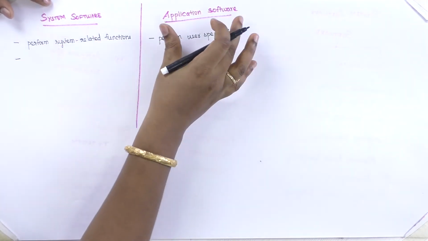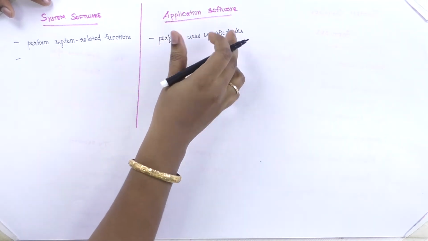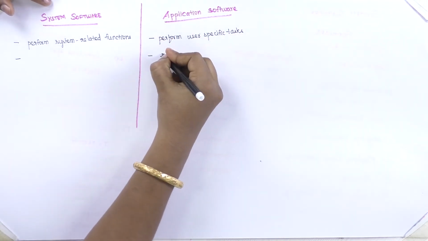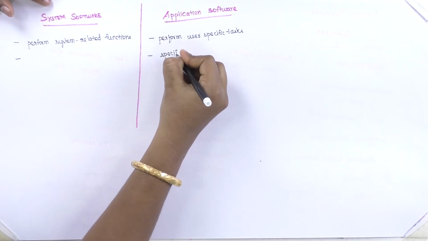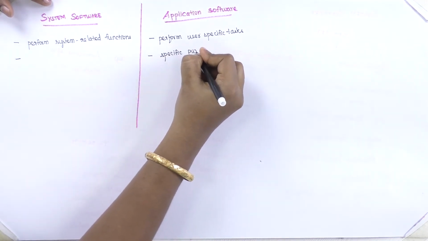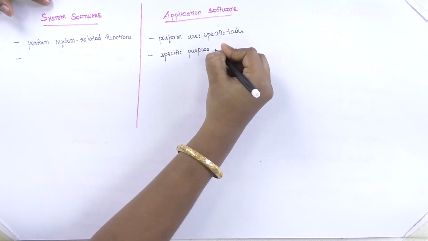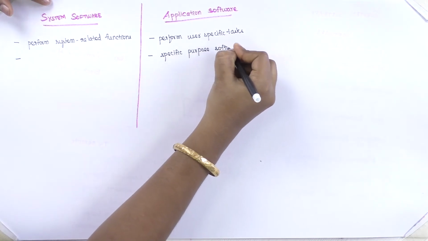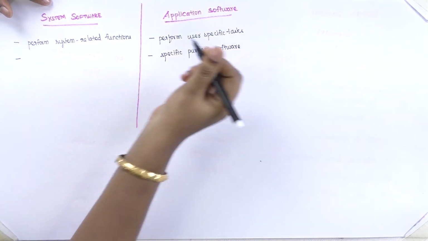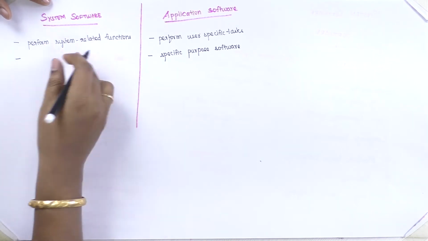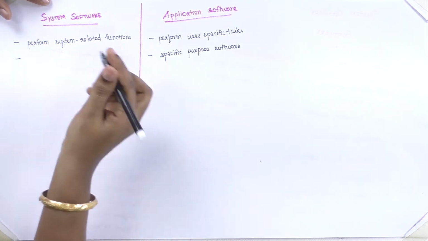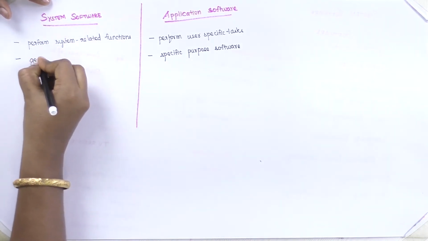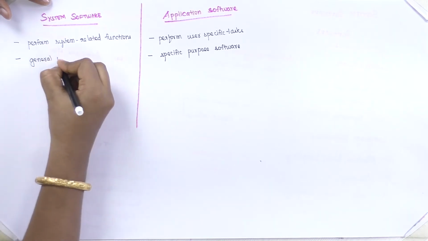Then our application software, since it performs user specific tasks, is a specific purpose software. And our system software is performing system related functions, so it is a general purpose software.